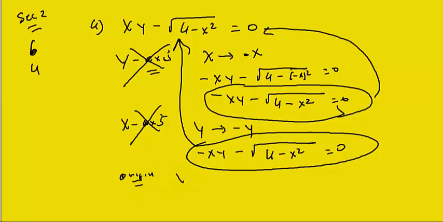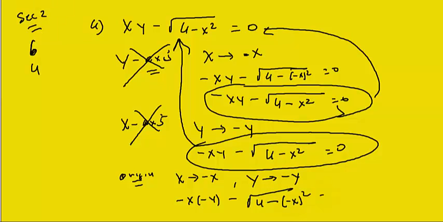Now origin. For the origin, you're going to turn x into negative x, and you're going to turn y into negative y, and then simplify and see if you get exactly the same. So negative x times negative y minus square root of 4 minus negative x squared is equal to 0.